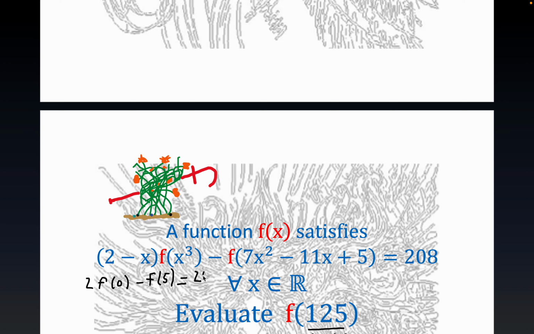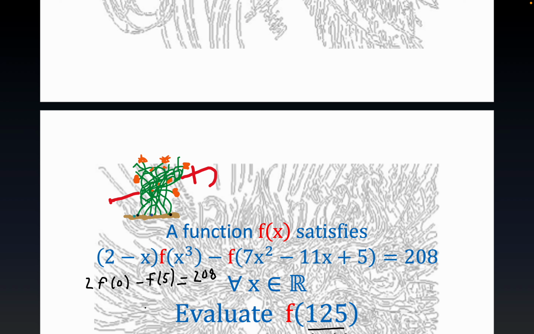And again, we just exploited the fact that it holds for all x, and of course 0 is a real value of x. So we put a 0 here, a 0 here, a 0 here, a 0 here, and if I didn't make any mistakes, this is what you get. Now, does that help us get f at 125? I don't think so. But that's just an idea of how you typically work with it. Substituting 1 and 0 are typical approaches on problems like this.